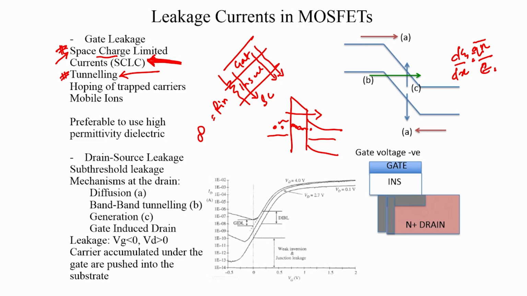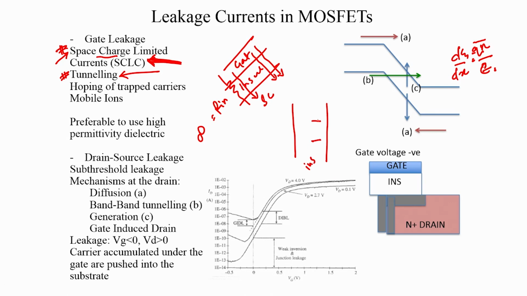The next is something called hopping, and this is again a topic that we will briefly talk about when we have a lecture on disordered semiconductors. So, the idea is you have an insulator, and let us say the insulator is defective.